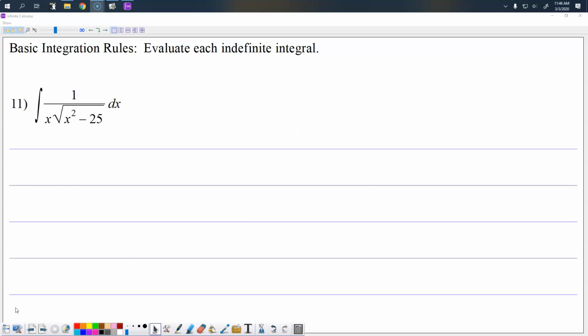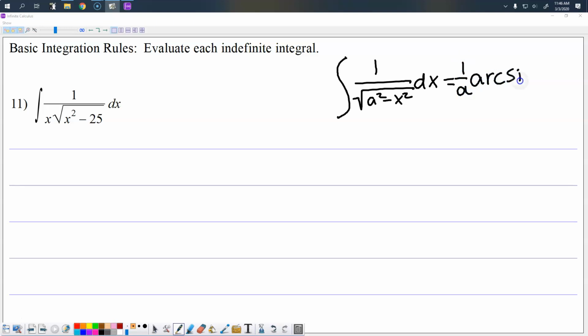The next couple problems we're going to be looking at are the integrals that result in arc trig functions. So when they look like this, that results in what we call an arc sine. Oh, wait a minute, there's no 1 over in the front there. Let me back up a little bit.